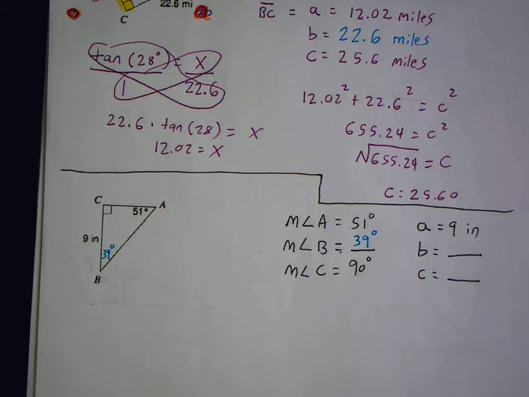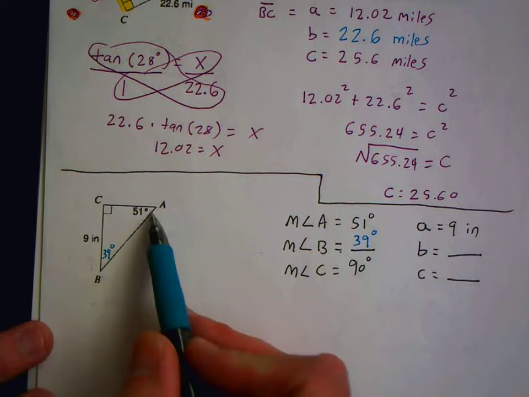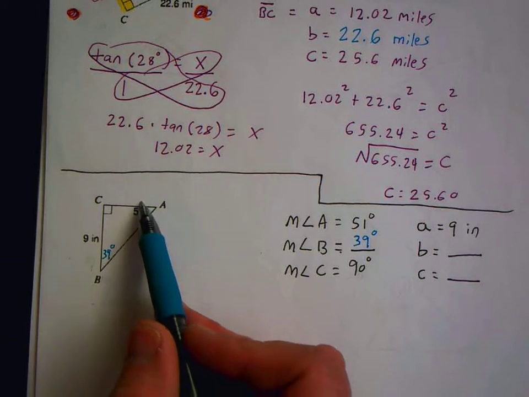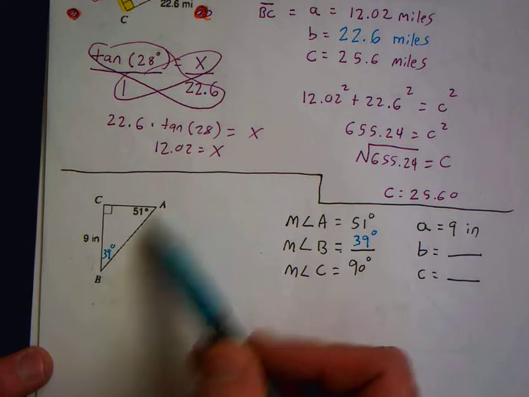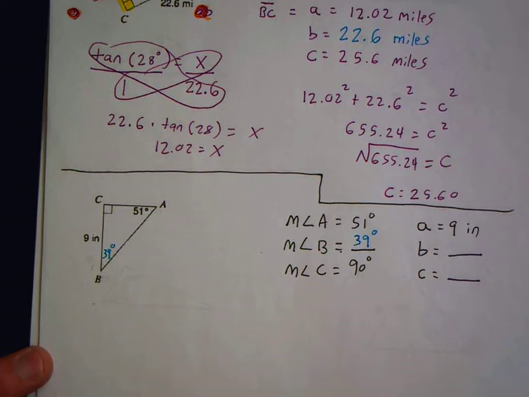All right. Which do you want to find first? AC, or little b? Or do you want to find AB, which is little c? AB? She wants to find the hypotenuse first.